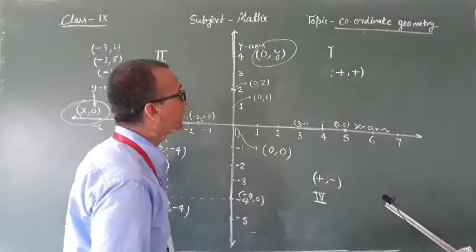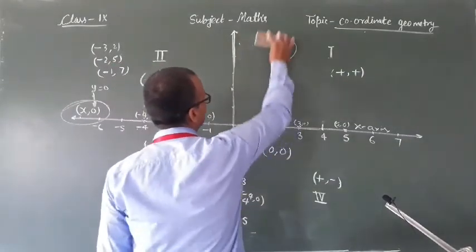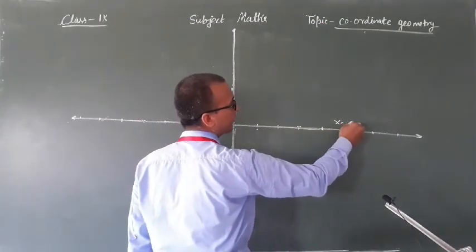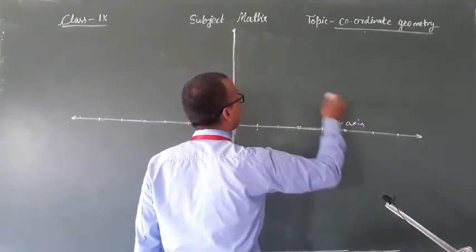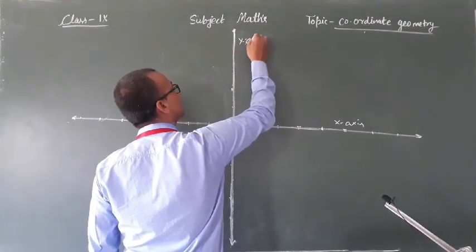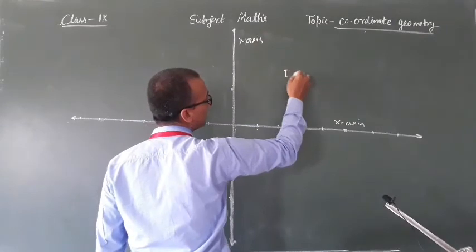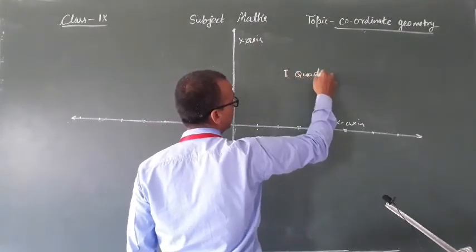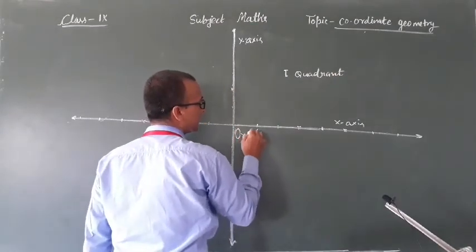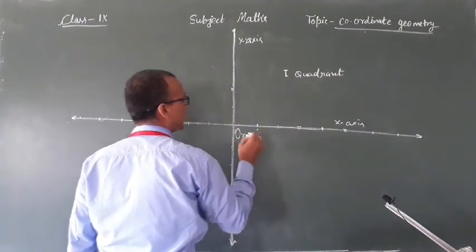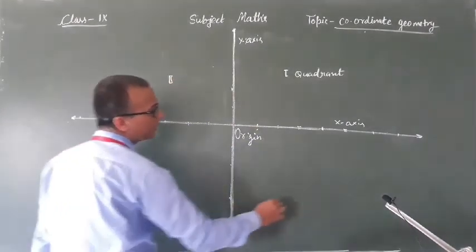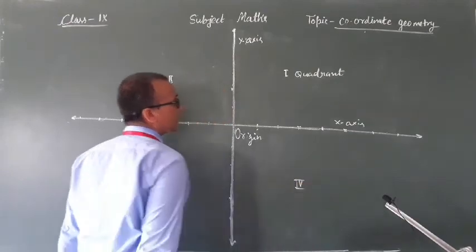Let us review what we have discussed here. These two lines are known as the x-axis and the y-axis. This is the first quadrant. This point is the origin. This one is the second quadrant, third quadrant, and fourth quadrant.